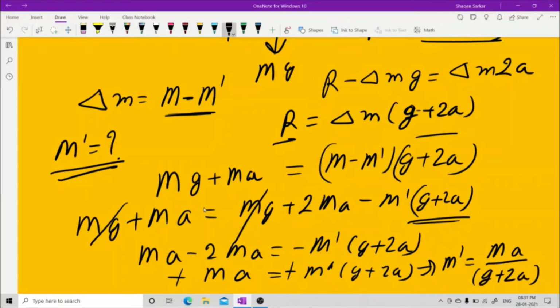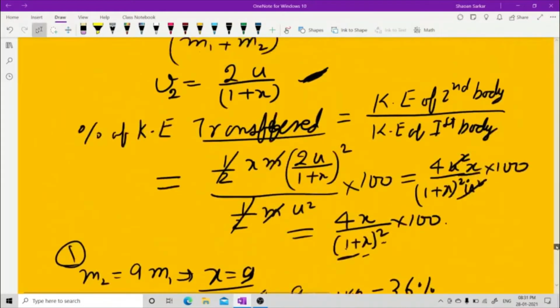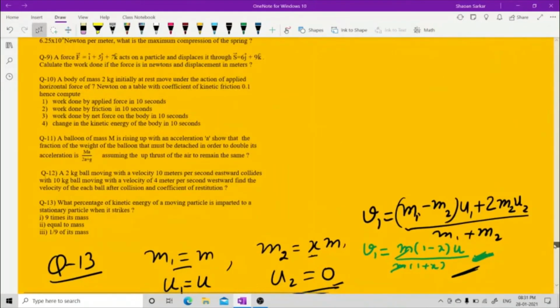I hope you understood. Now the next question: a body of mass 2 kg, initially at rest, under the action of an applied force of 7 Newton on a table. The coefficient of friction is 0.1. Calculate the work done by the force, and then you need to find all this.